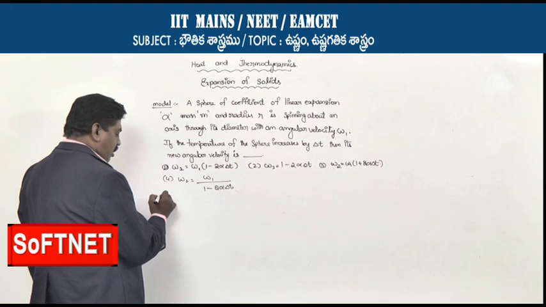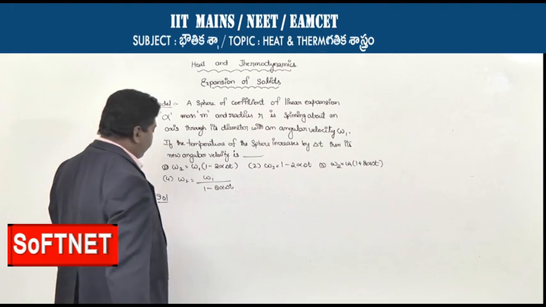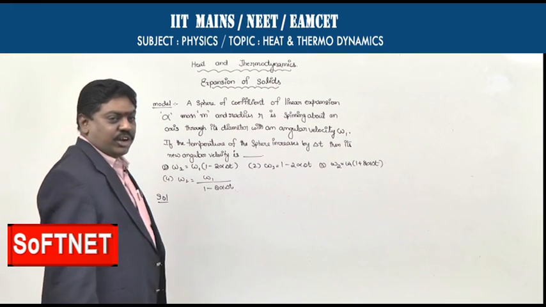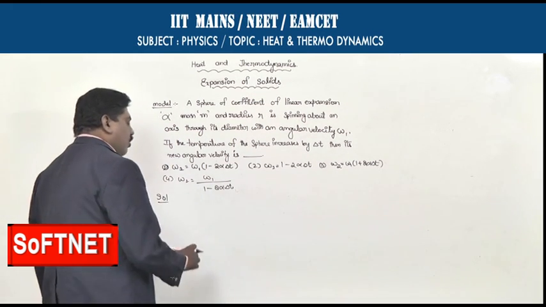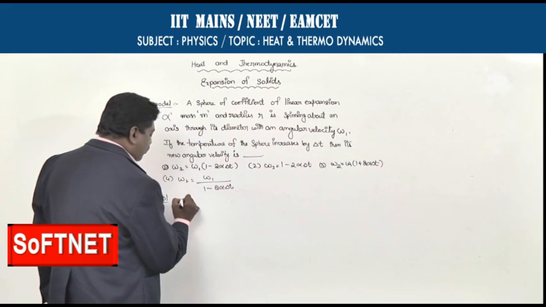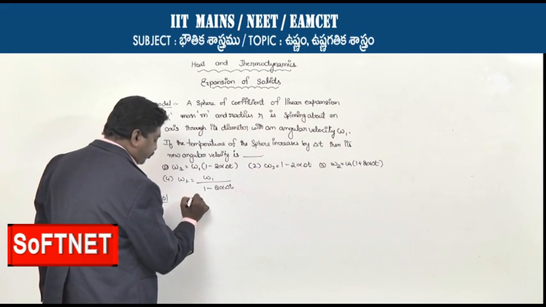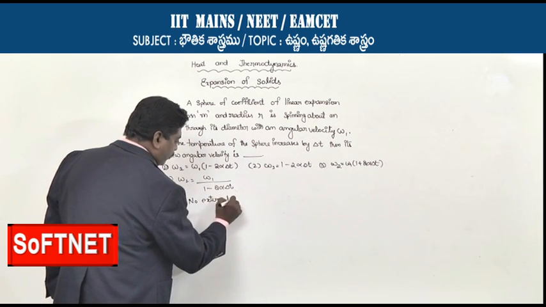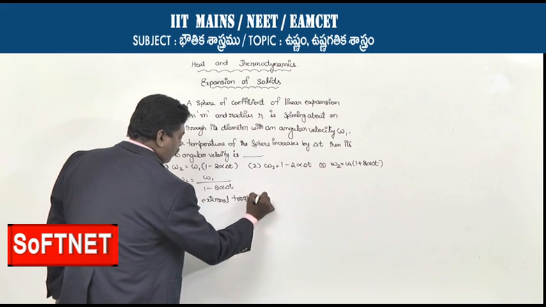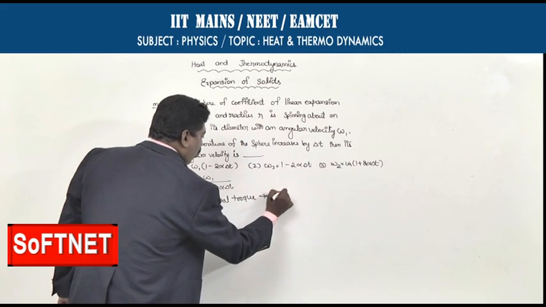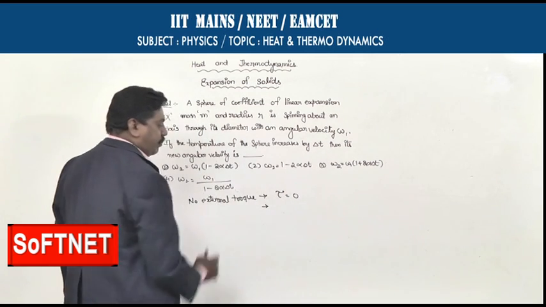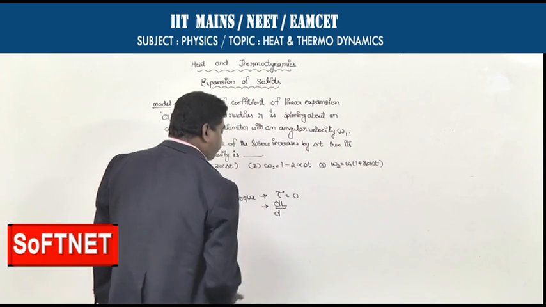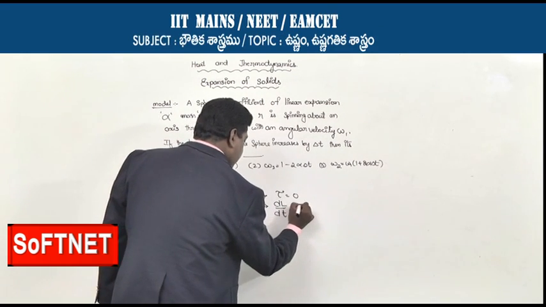Fine. This is a model relating angular momentum and the coefficient of linear expansion. We know very well that when there is no external torque, that is tau equals 0, it implies the rate of change of angular momentum is 0.